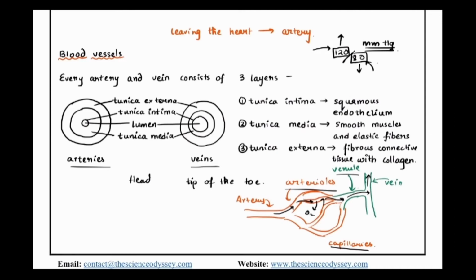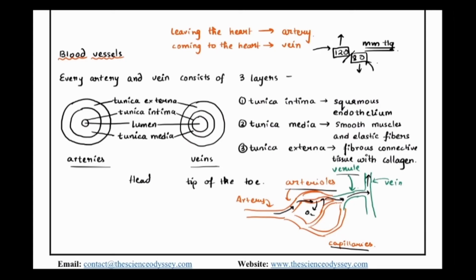Whenever a vessel is coming to the heart, taking blood to the heart, we call it a vein. Again, no matter whether it is coming from the lungs or the systemic circulation.